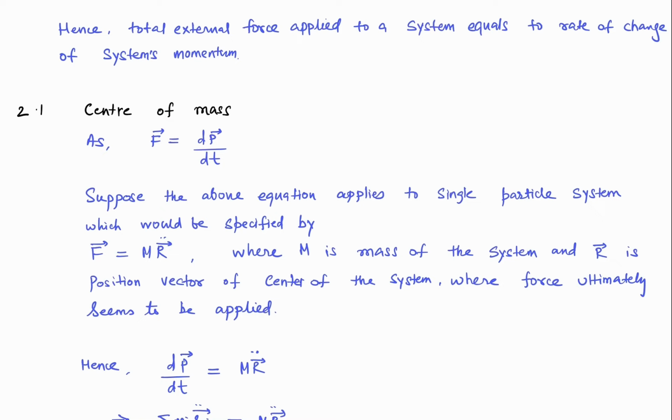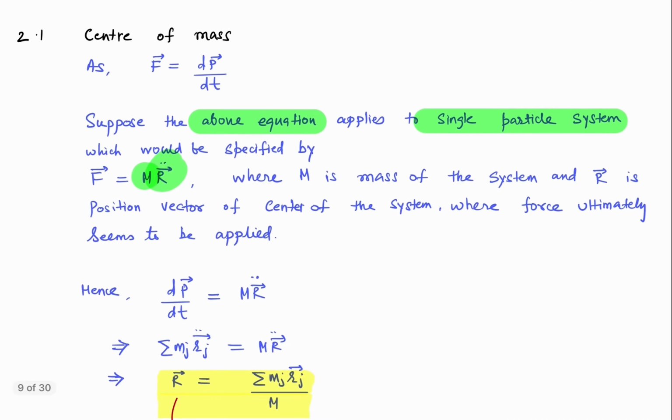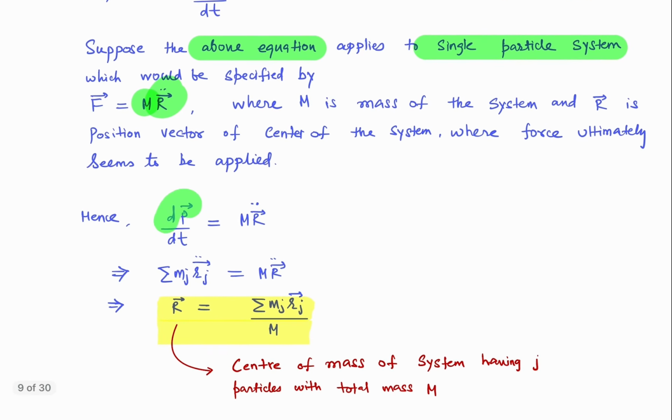Now, let us suppose the above equation applies to a single particle system. So if the system is a single particle, there would be a single mass, no summation sign, and R, capital R, is actually a vector which we will describe very soon. So this is the force. So we could simply write that the rate of change of momentum is actually m r double derivative.